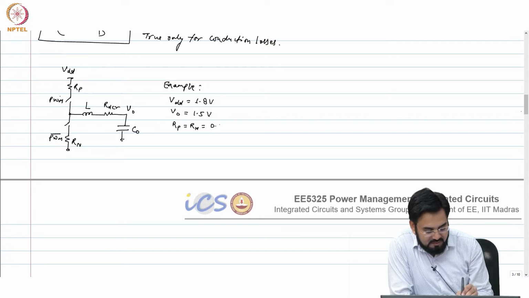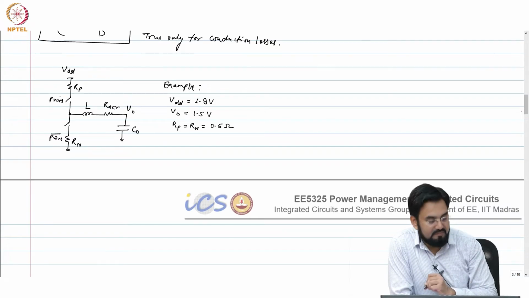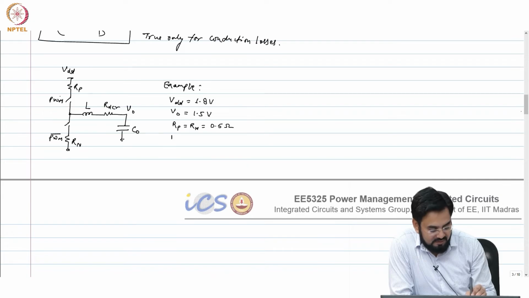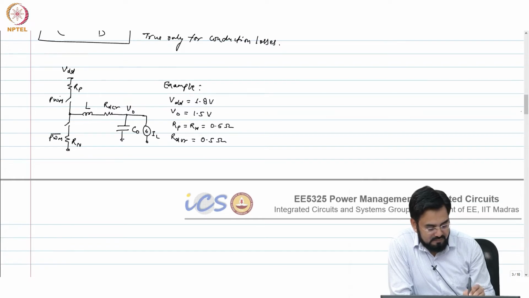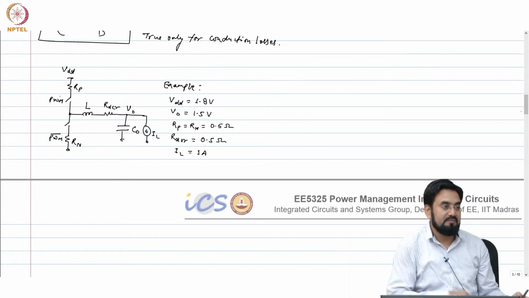Let RP equal 0.5 ohm, RN equal 0.5 ohm, and your RDCR equal to 0.5 ohm, and the load current IL equal to 1 amp.